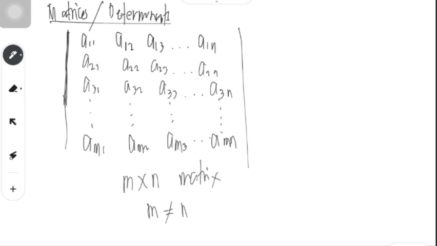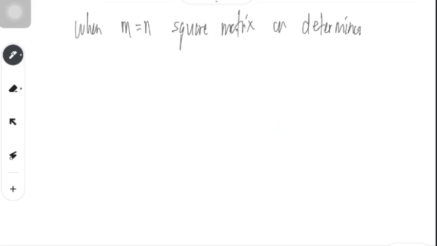However, when the number of rows is equal to the number of columns, that is called a square matrix. When m is equal to n, it is called a square matrix, or commonly called a determinant. So matrix is a general term, while a determinant is a particular case wherein the condition is the number of rows equals the number of columns, no?